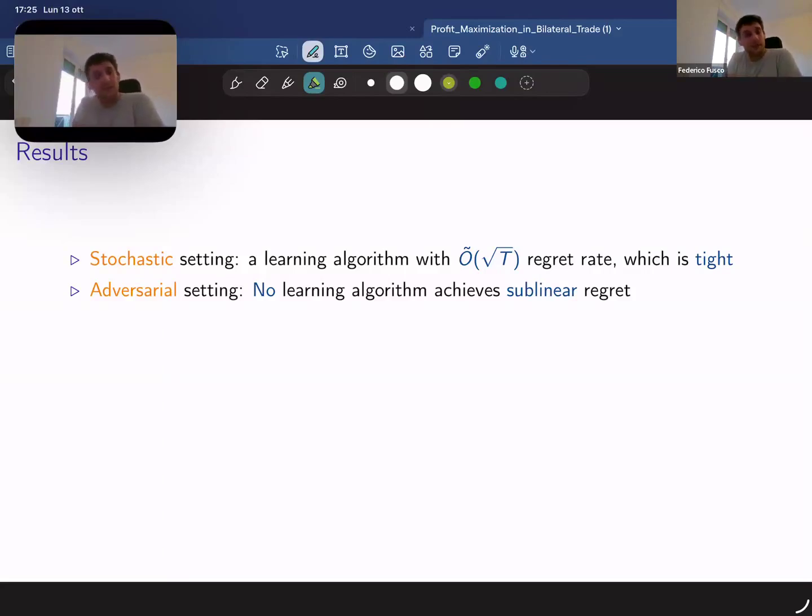And second, for the adversarial setting, even the oblivious one, that is the weaker adversary that we could think of, we prove that learning is not possible. Namely, no learning algorithm can achieve sublinear regret. Actually, we get something stronger. We prove that there is a constant, I don't remember, like 3/2, such that no algorithm can get a 2/3 approximation of the benchmark in the adversarial setting.